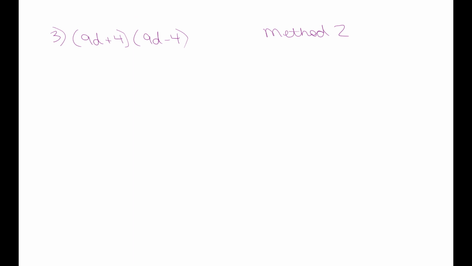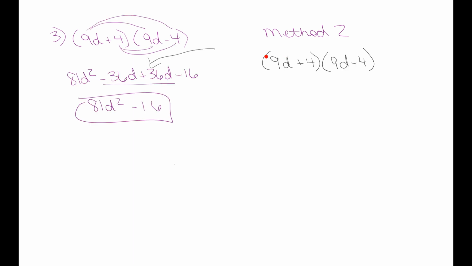If you have the same exact term right here and right here, and you just have a difference of signs, the middle term will always cancel out. That's called conjugates. So you really can just go first times first, which is 81d squared, and last times last, so negative 16.